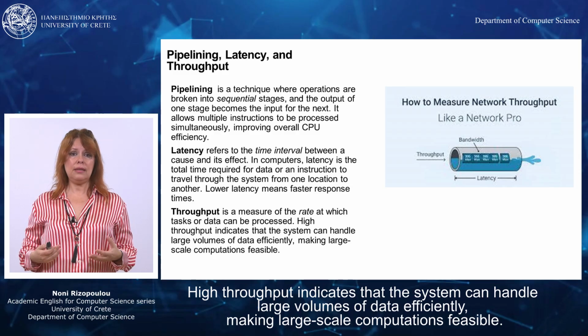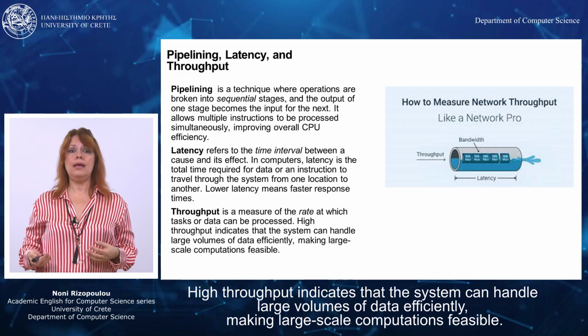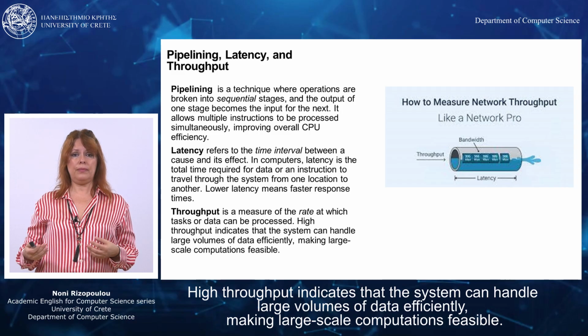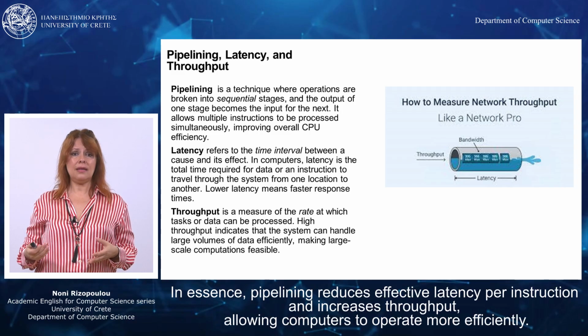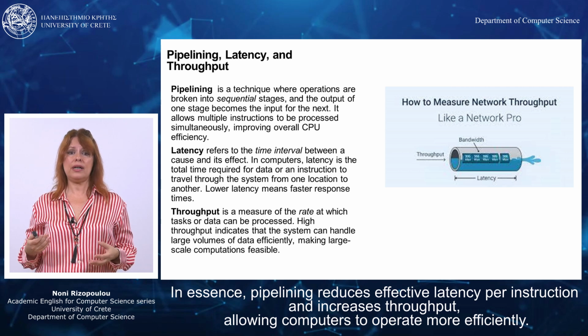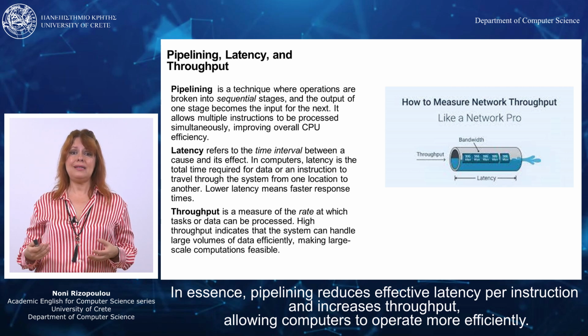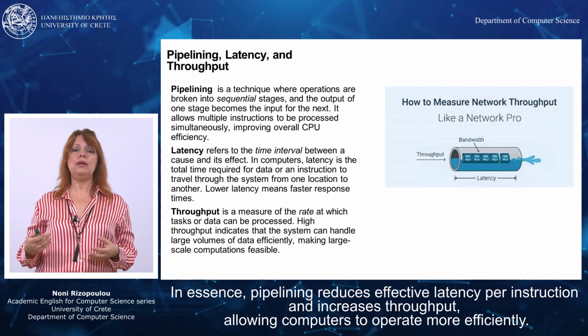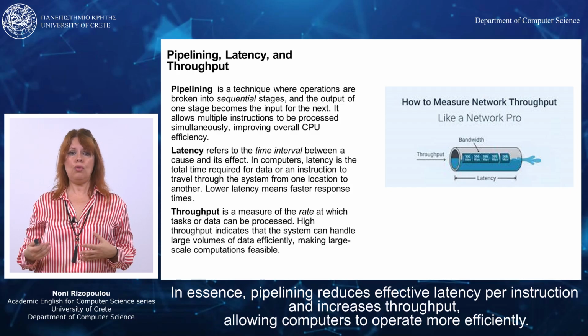High throughput indicates that the system can handle large volumes of data efficiently, making large-scale computations feasible. In essence, pipelining reduces effective latency per instruction and increases throughput, allowing computers to operate more efficiently.